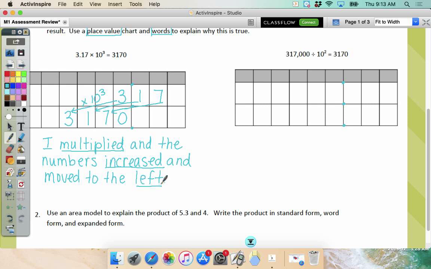Now we're going to do the next one. So this one starts out with 317,000. And remember, I just changed numbers on the test. And what are we doing on this one? Dividing, okay? So when I divide, I want to move the numbers to the right. So I'm going to start with the furthest right number.